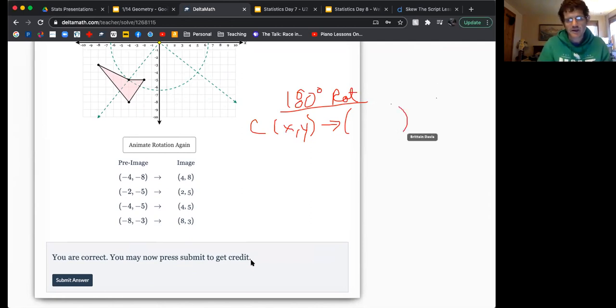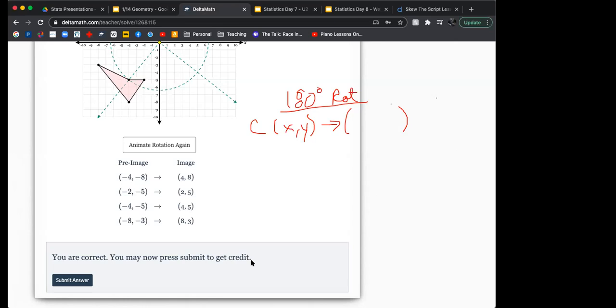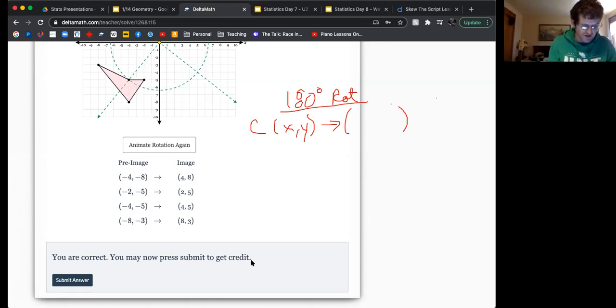Does anyone see the pattern that developed here? Both of them change. Like both of them go opposite. There we go. We just changed the sign of both of them.